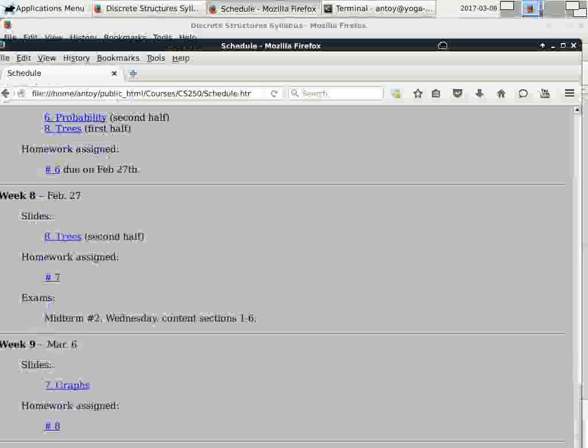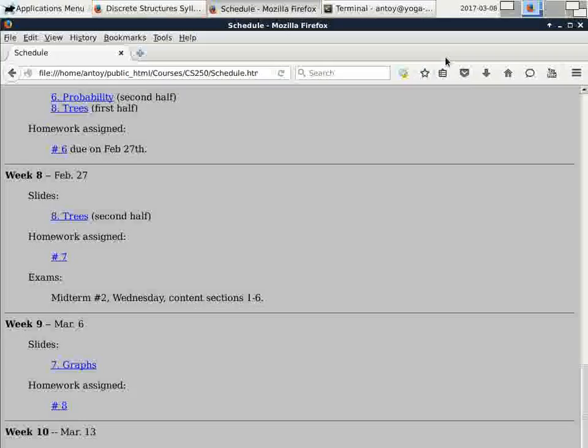So we are covering this section on graphs. I heard from you that you don't like the textbook too much, so I thought to present some material from the web.